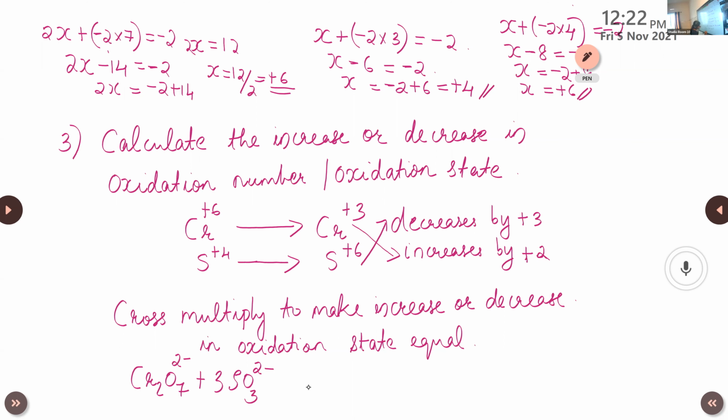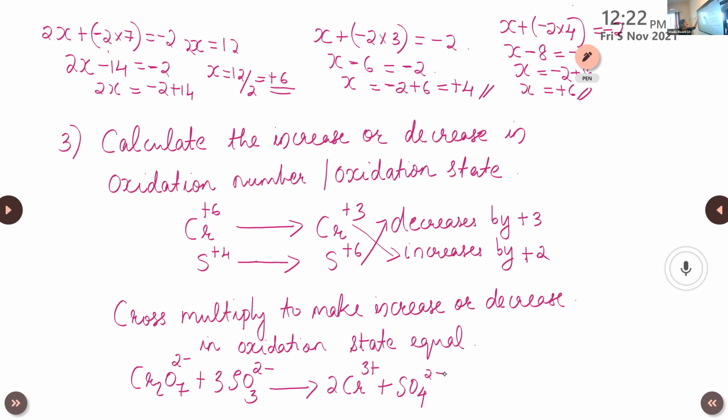And in the case of chromium, we should multiply it with 2, right? So it is 2Cr3+, SO4 2-. Cross multiply to make the increase or decrease in oxidation state equal. Clear?